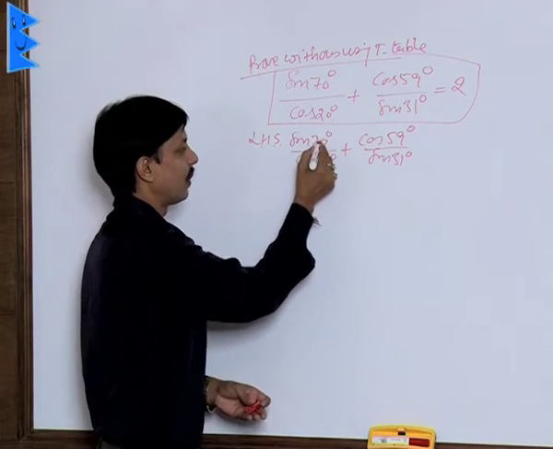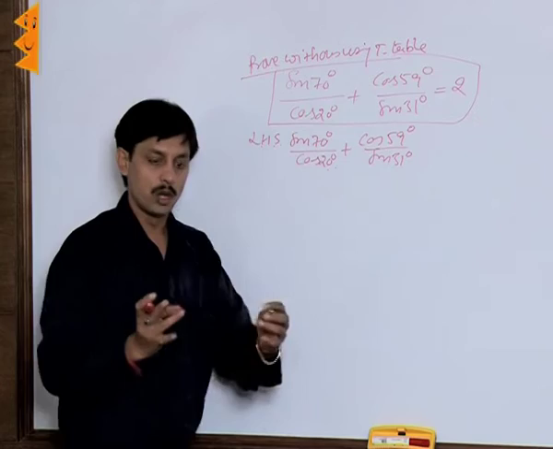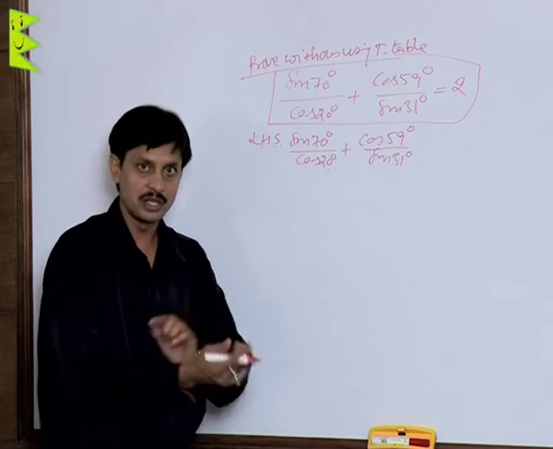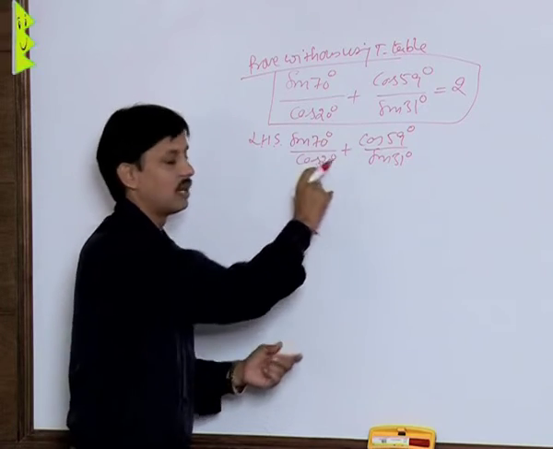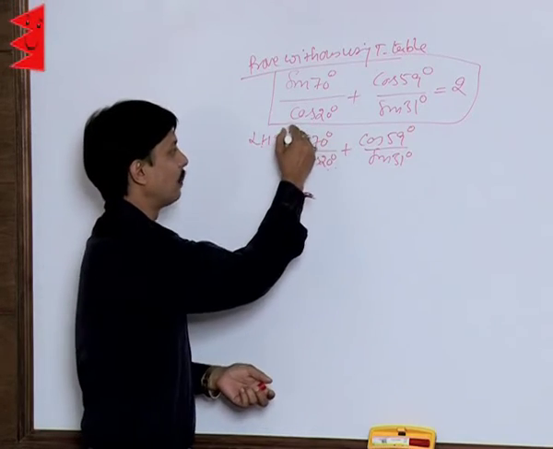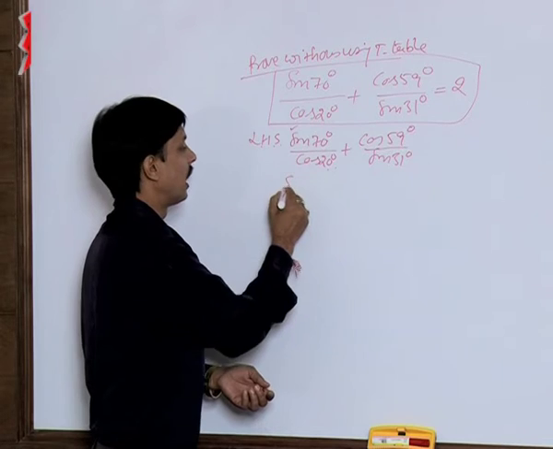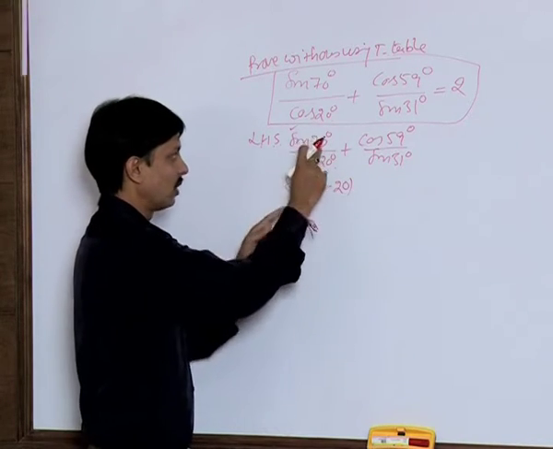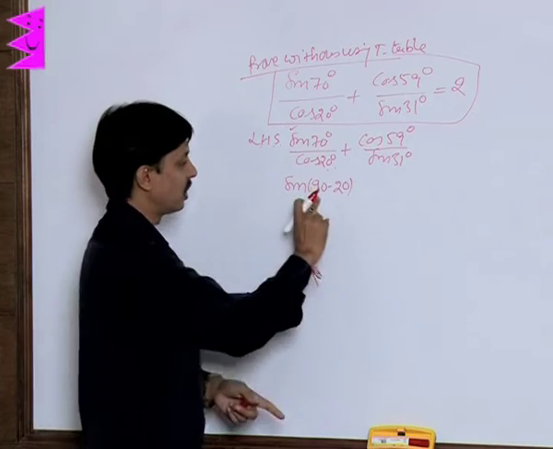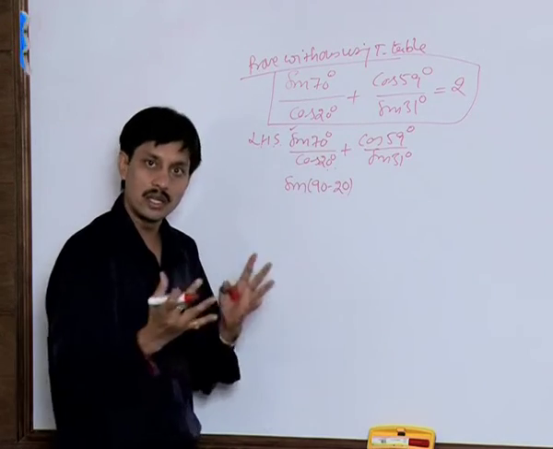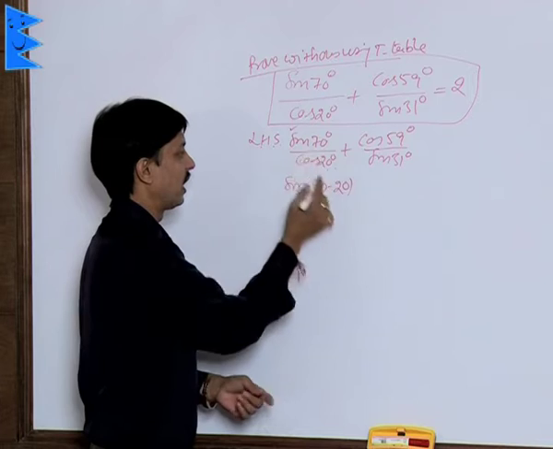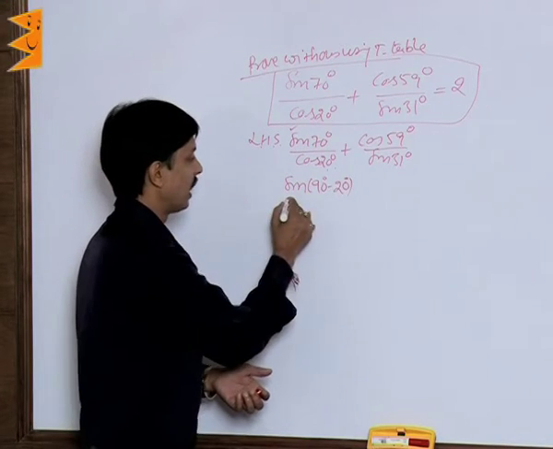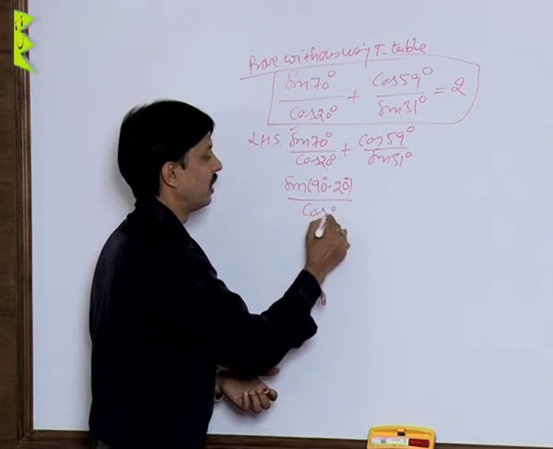Now sin 70 and cos 20, one of the values we will change. Any of the values can be changed where the sum of the angles is 90. Suppose in place of sin 70, I write sin of 90 minus 20, because 90 minus 20 is what? 70. So in place of 70, what have I replaced? 90 degree minus 20 degree, and cos 20 degree as it is.